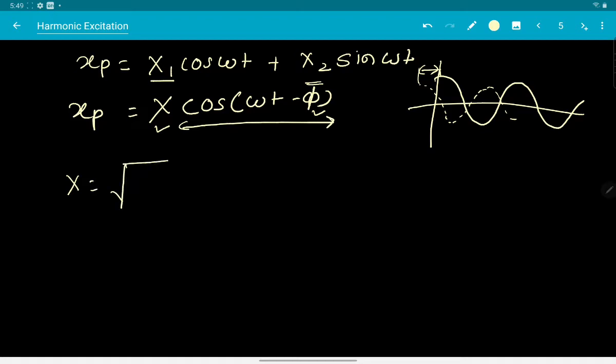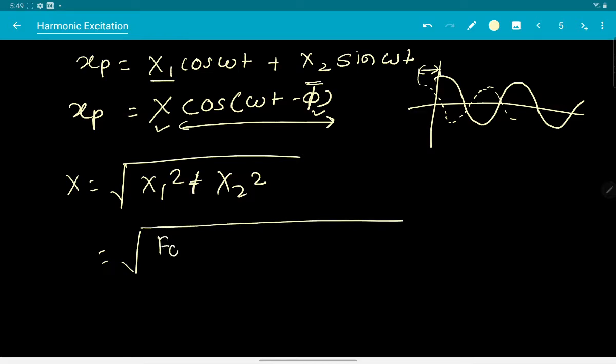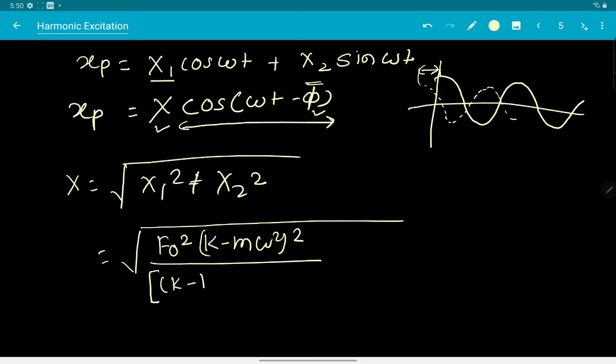So how are we going to find X? X will be nothing but the square root of x1 square plus x2 square, which will be equal to the square root of the first term, x1 square, which is f0 square times (k minus m omega square) square divided by the square of this big term, (k minus m omega square) square plus c square omega square, everything inside the bracket and square of that bracket.